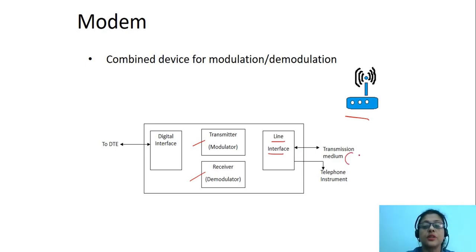This transmission medium can be coaxial cable. It can be fiber optic. It can be twisted pair, etc. And if you want to connect it through a telephone instrument, then there is a point where you can connect it through the telephone instrument.